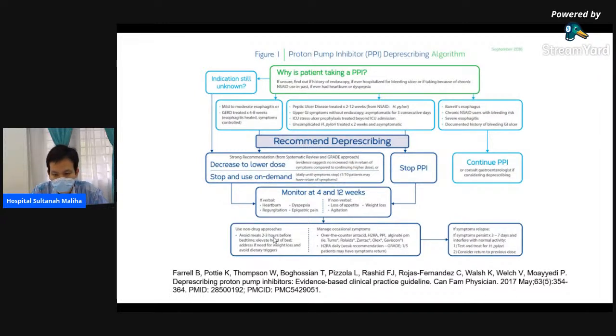Monitor for 4 to 12 weeks, unless there is Barrett's esophagus, chronic NSAID use with bleeding risk, severe esophagitis, or documented history of bleeding GI ulcer, then it's good to continue PPI. Otherwise, this algorithm recommends us to look into the possibility of de-prescribing, and also the use of non-drug approaches, like Gaviscon, Sucralfate, Gaviscon for OTC remedies.